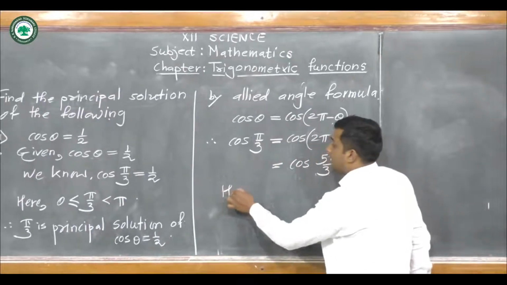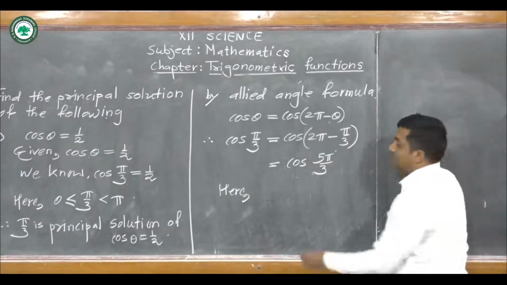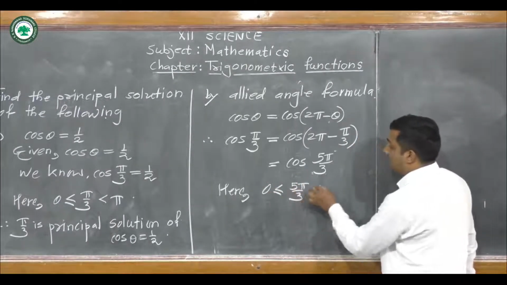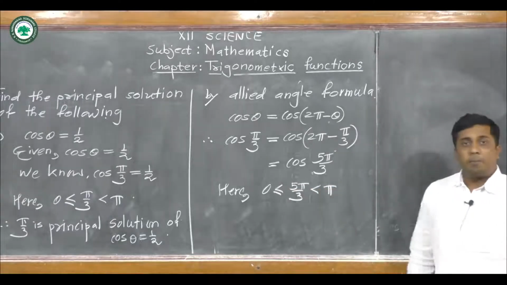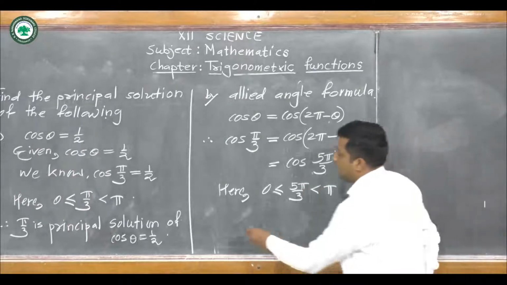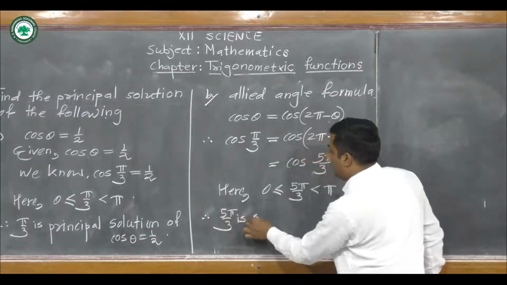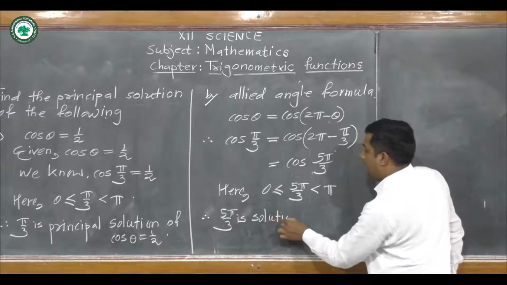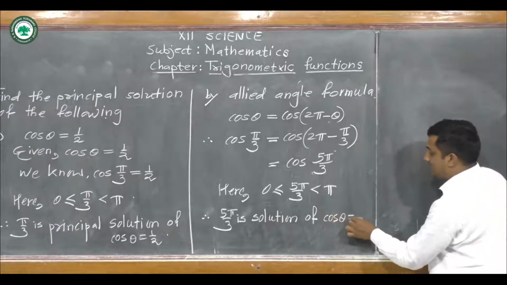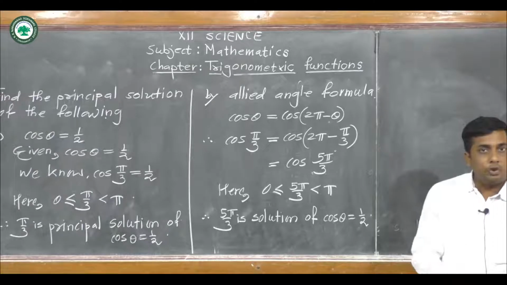This 5 pi by 3 lies in between 0 and 2 pi, that is, 0 is less than or equal to 5 pi by 3 is less than 2 pi. If 5 pi by 3 lies in between these two, then we say 5 pi by 3 is a solution of cos theta is equal to 1 upon 2. So we get two solutions.